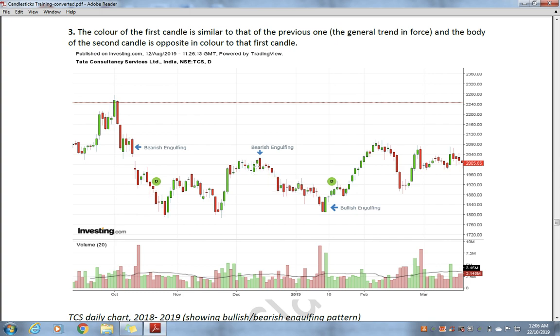And the next day, it is followed by a red candlestick, which totally overshadows the green candlestick. So the first condition is there has to be an uptrend. Number two, a small green candle totally engulfed by the red candle, and prices will start to fall. One thing we need to note, the volume has to be very high for a signal enhancement or a reversal to occur. And we have seen on the engulfing day, volume is very high as compared to the previous days. So I could have easily sold and I could have got a good amount of profit.